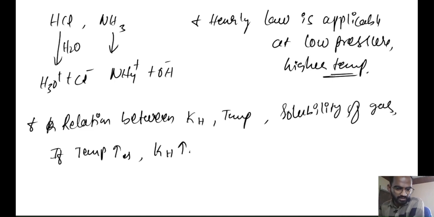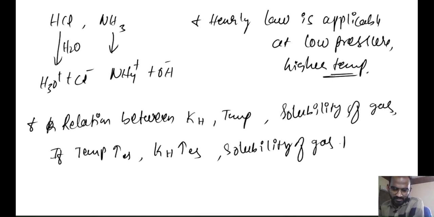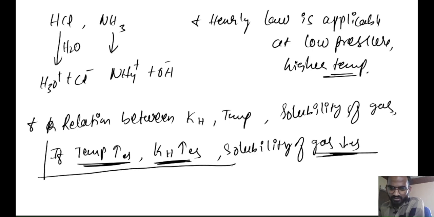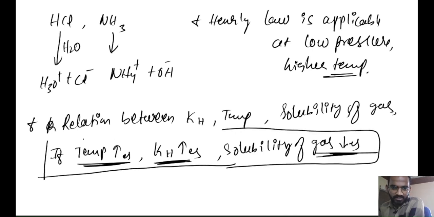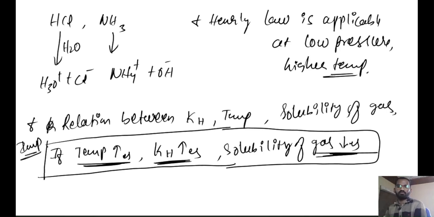Kh value increases, and solubility of gas decreases. If I am increasing temperature, Kh value increases, so solubility of gas will decrease, not increase, sorry. So if temperature increases, Kh value also increases, and solubility of gas in liquid decreases. Remember, very important point. So this is about Henry's law, and I think I covered most of the points in Henry's law.